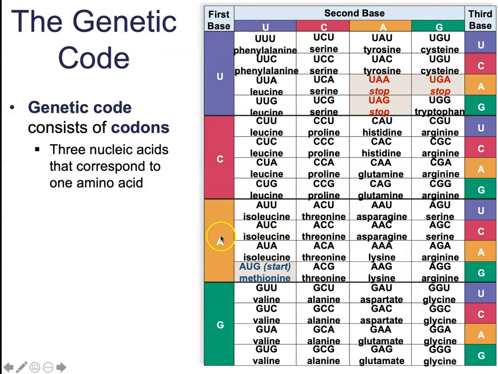So A is the third row, C is the second column, and then my last letter was G. ACG is what I said. Down to the fourth row over here on the far side. So ACG is threonine.